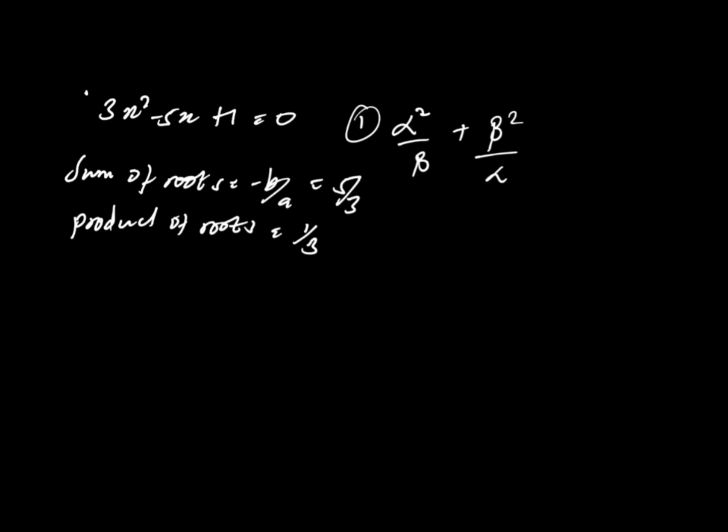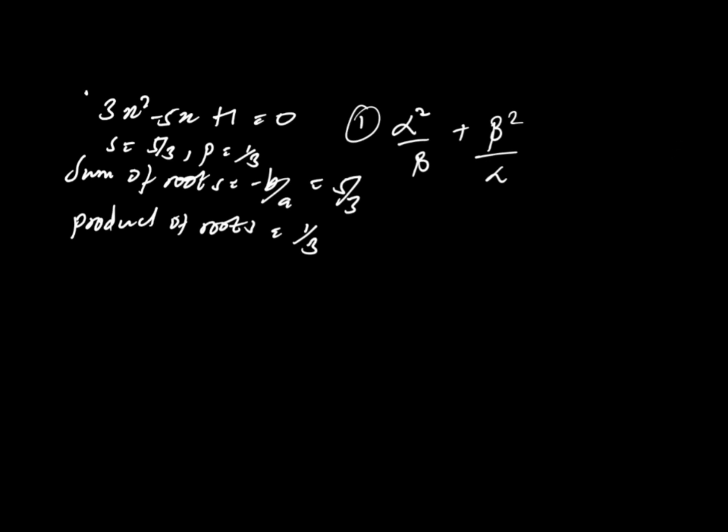Now having obtained those, let me write them somewhere. I'm having my sum equal to 5 out of 3, the product being 1 out of 3.